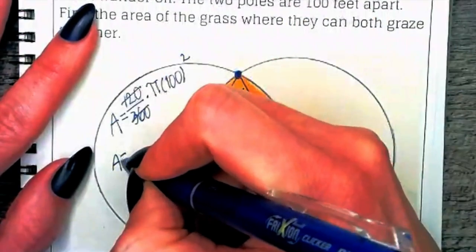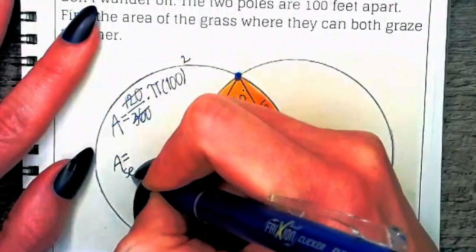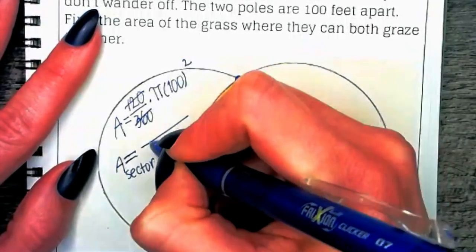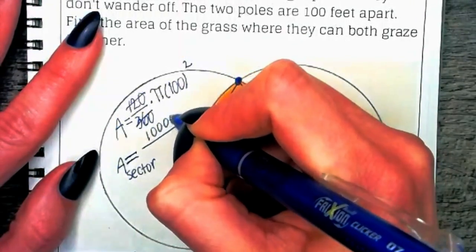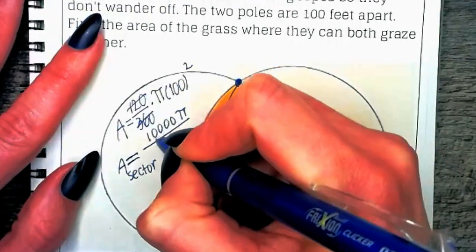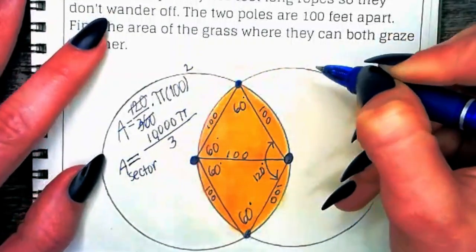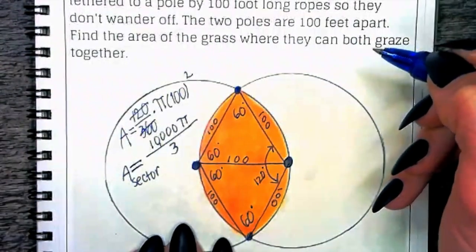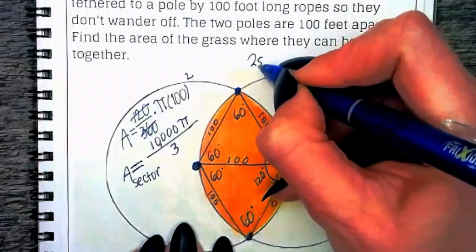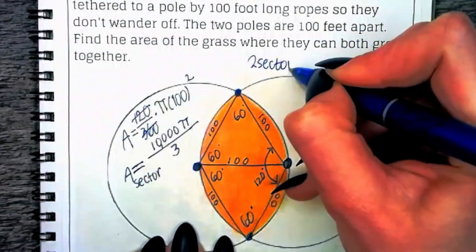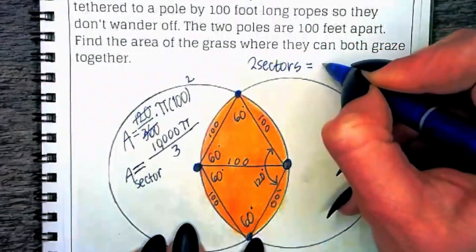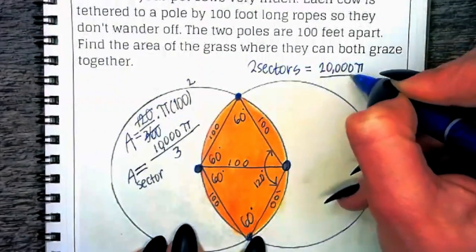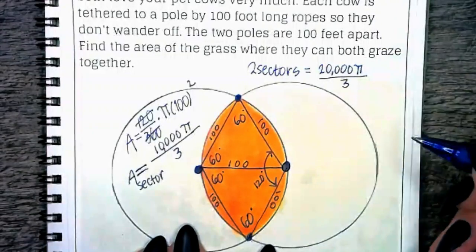So area of one of the sectors is 10,000 pi over 3. That's one sector. 2 sectors is 20,000 pi over 3.